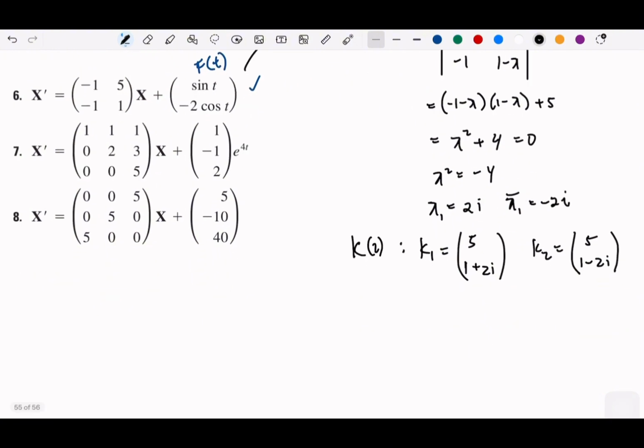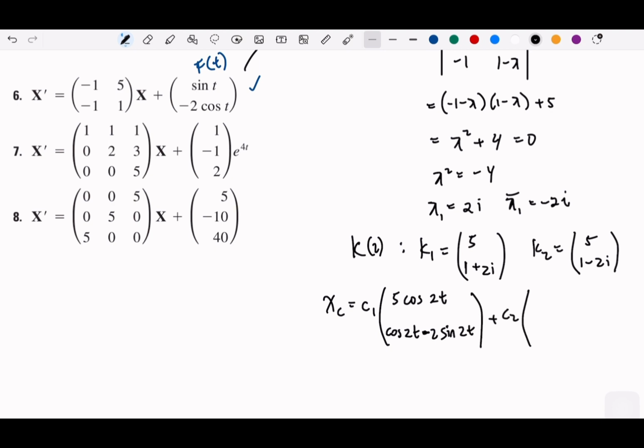And third, we get the xc, which is a template complex: c1 times 5 cosine 2t, cosine beta, so cosine 2t minus 2 sine 2t, plus c2 times 5 sine 2t, 2 cosine 2t plus sine 2t.